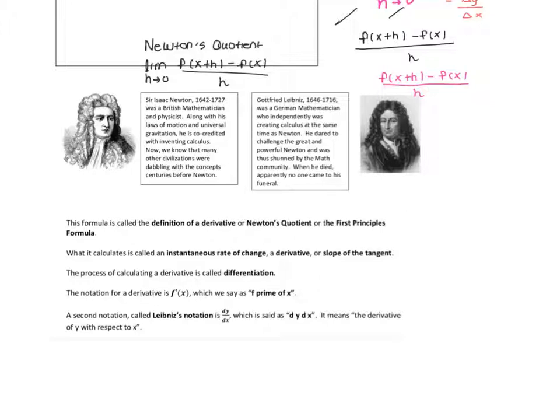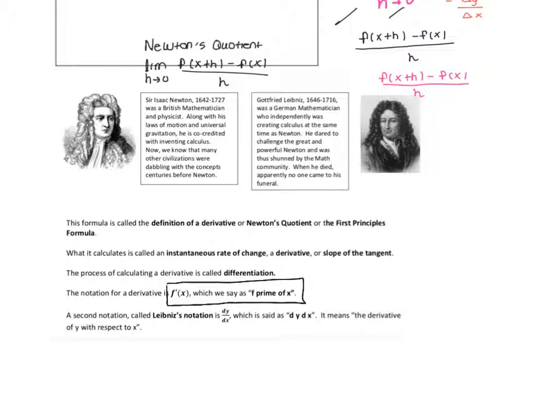You're going to see this a lot. When you see the single quote, they want you to find the derivative. They're going to ask you to do the mathematical processes, the calculus, to find the derivative. They want to know the instantaneous rate of change. That's called f prime x. Second notation, super important, which is Leibniz's notation, is dy over dx.